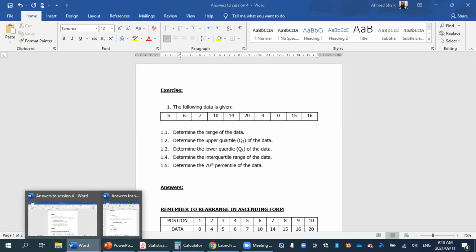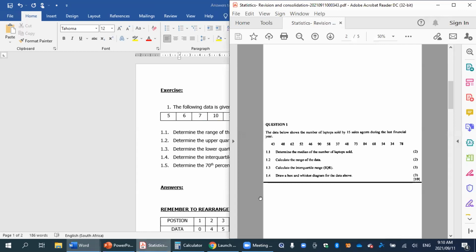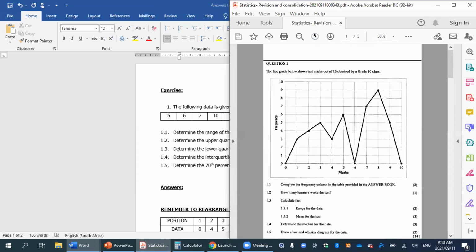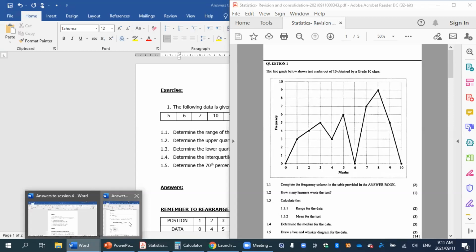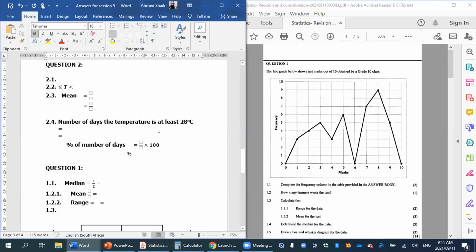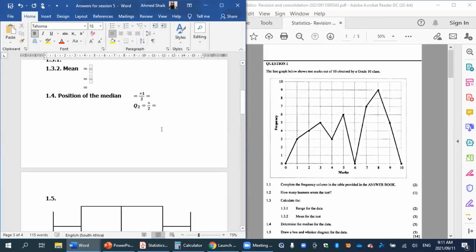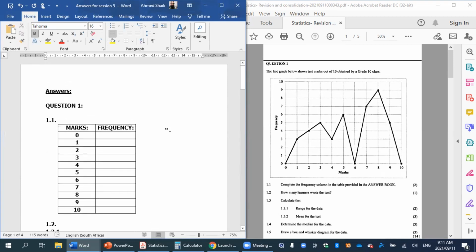Okay, so we're going to look now at today's lesson, which is revision and consolidation of statistics. I've also uploaded this worksheet for you so you can work with these questions after we are done.